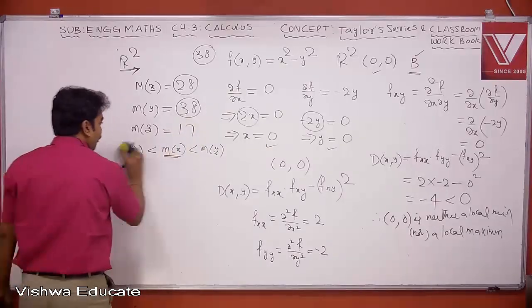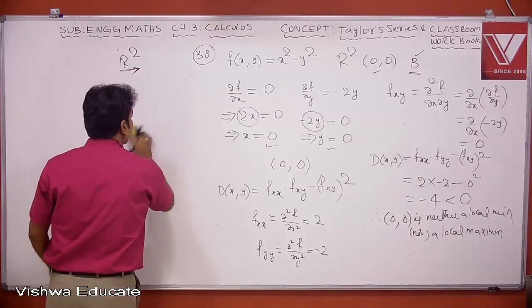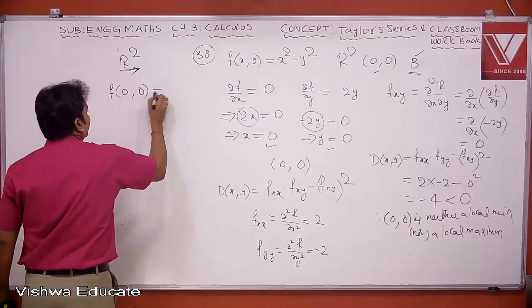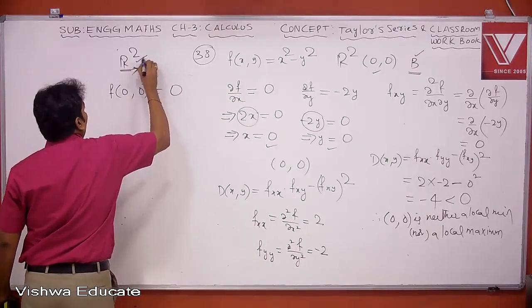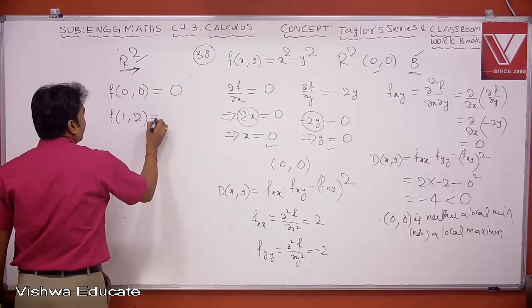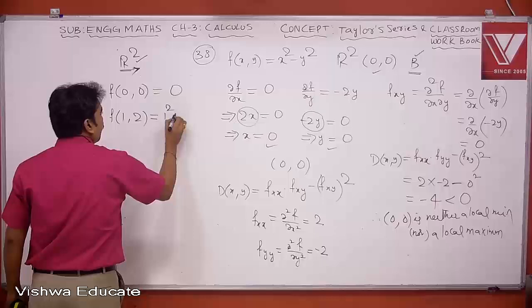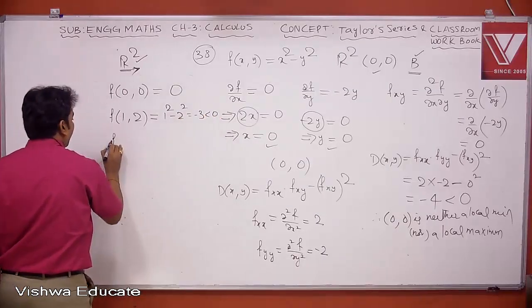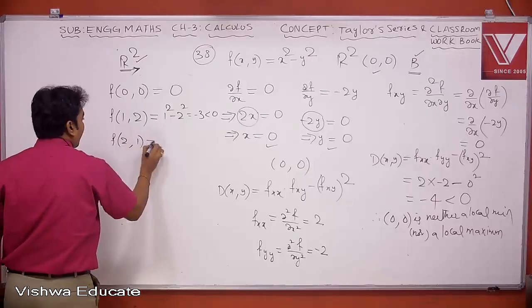Now let us follow this approach to get the result very easily. Let us calculate the function value at (0, 0). This is 0. The domain is R². I will consider another point, f(1, 2). In this case this is 1² minus 2², which is minus 3, negative. Now I calculate f(2, 1).